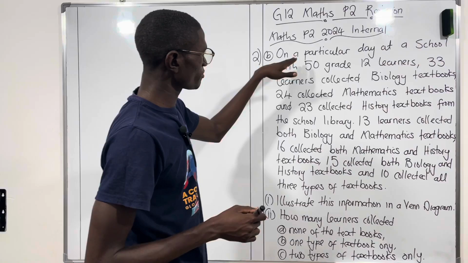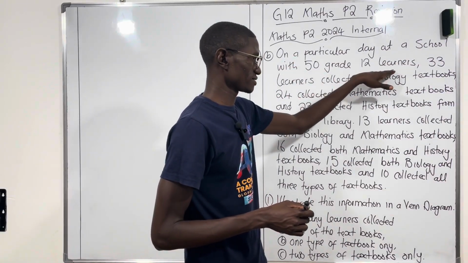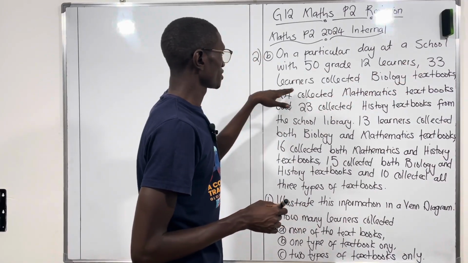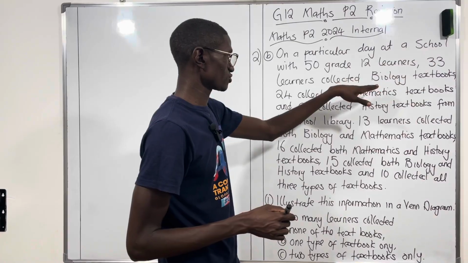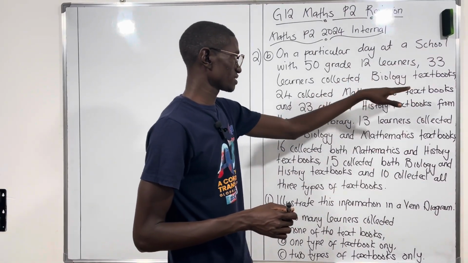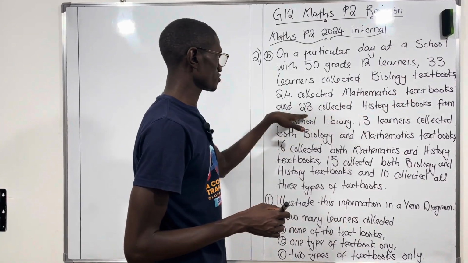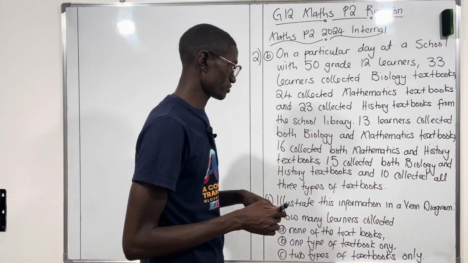Okay, so on a particular day at a school with 50 grade 12 learners, 33 learners collected biology textbooks. 24 collected mathematics textbooks and 23 collected history textbooks from the school library.